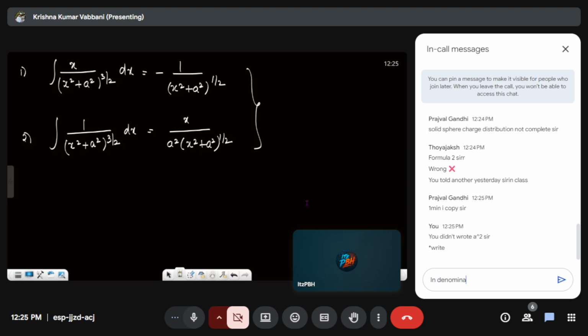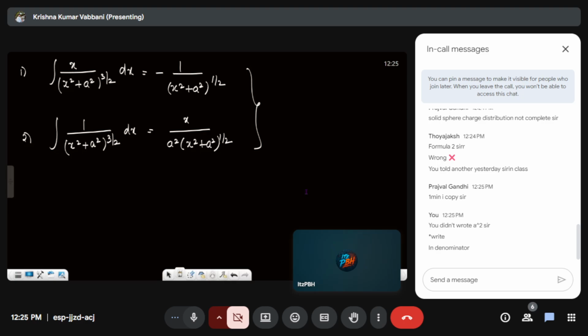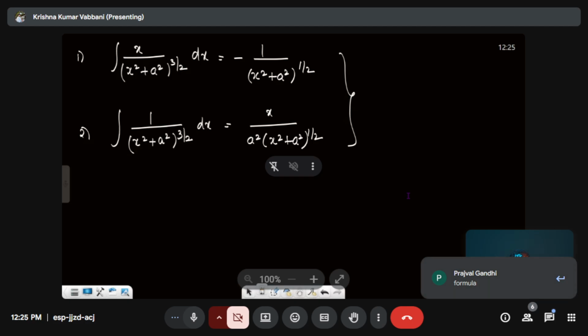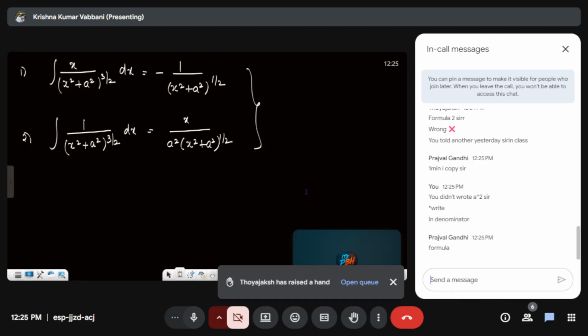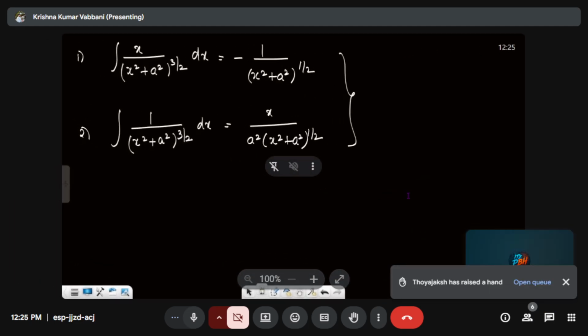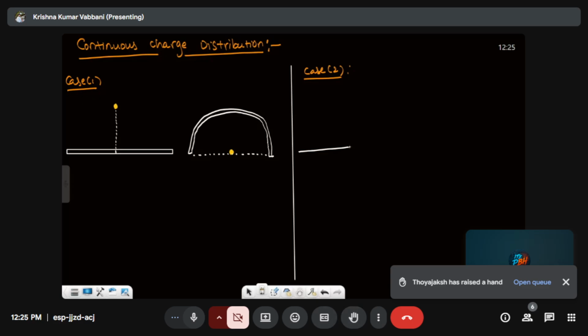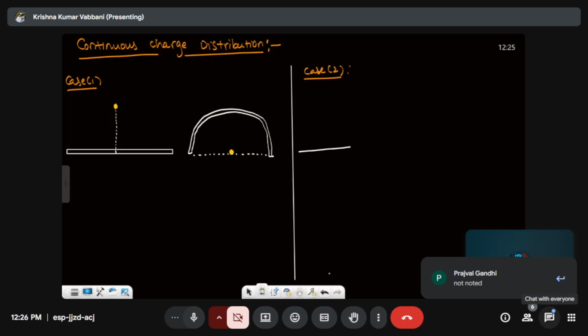And in the second case, I am taking it like this. You didn't write a square in the denominator in the formula, sir.